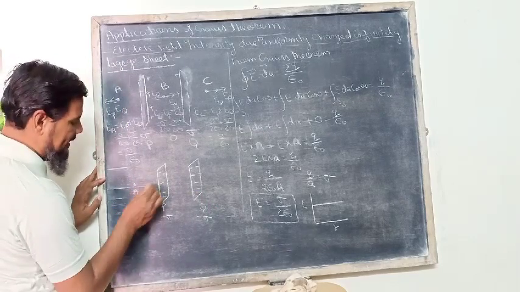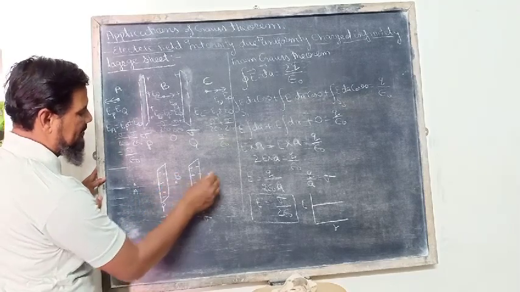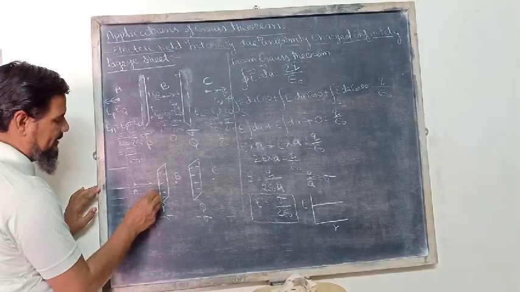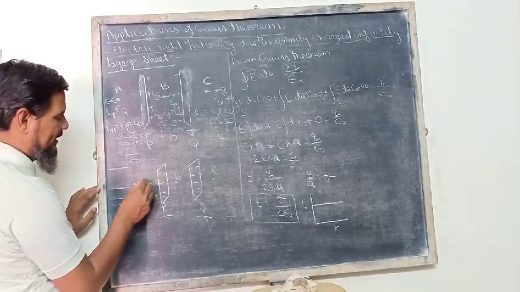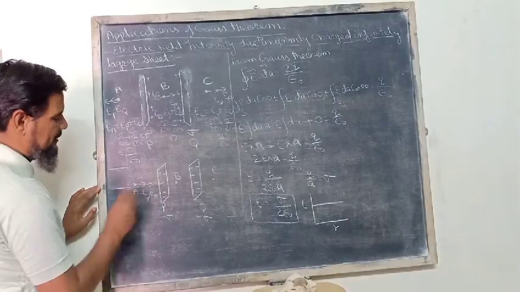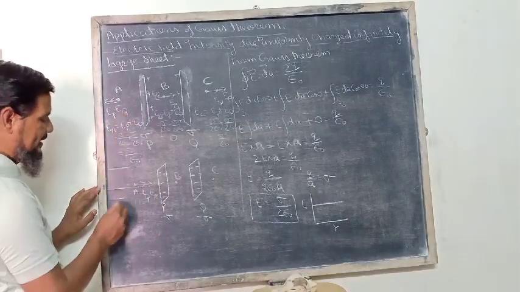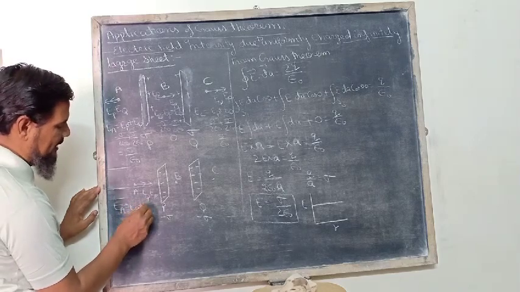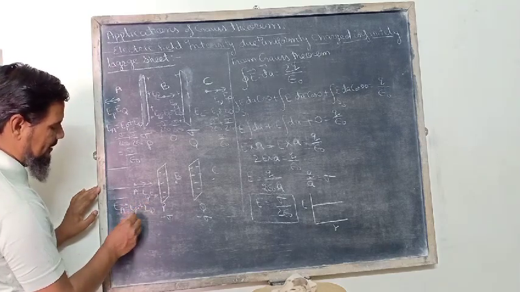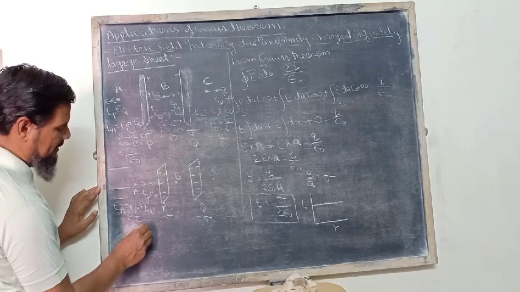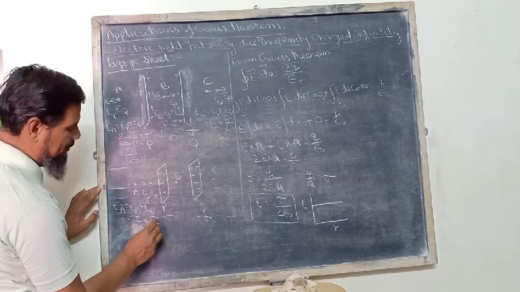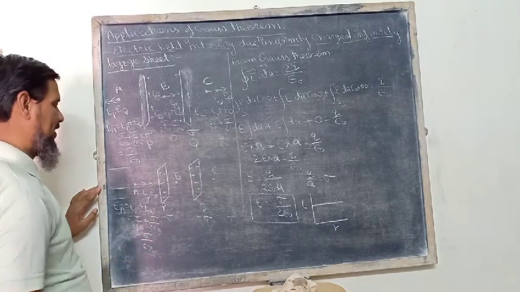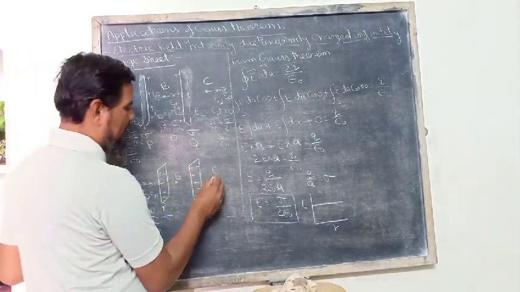This point is A, this point is B, this point is C. Here the directions of electric field intensity EP due to plate P and EQ are both along the same direction. The value will be the same, so EA is equal to EP plus EQ, equal to sigma upon 2 epsilon naught plus sigma upon 2 epsilon naught, equal to sigma upon epsilon naught. And the direction will be towards the plate.